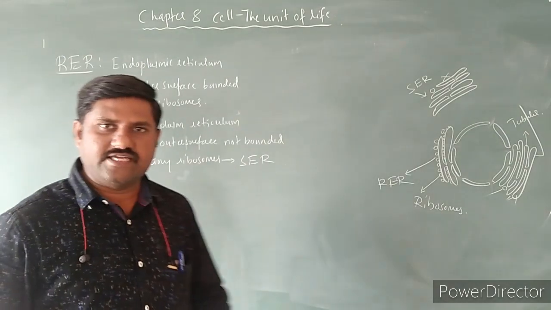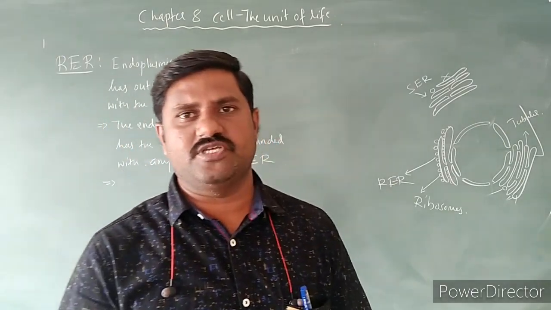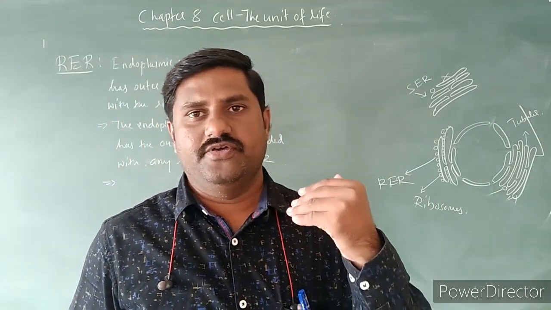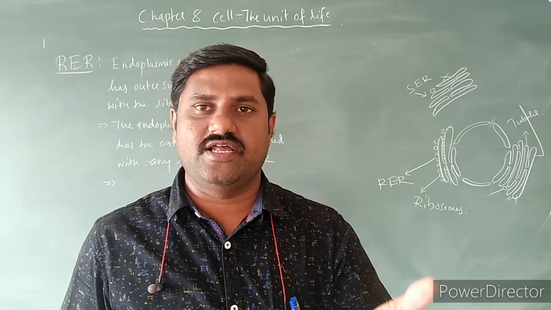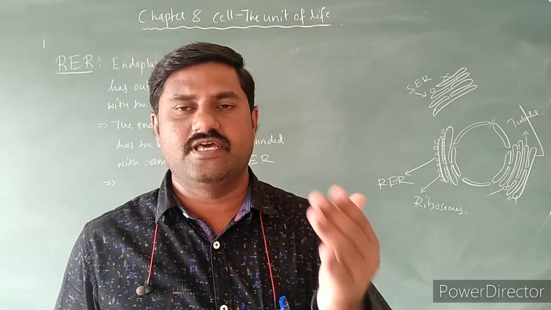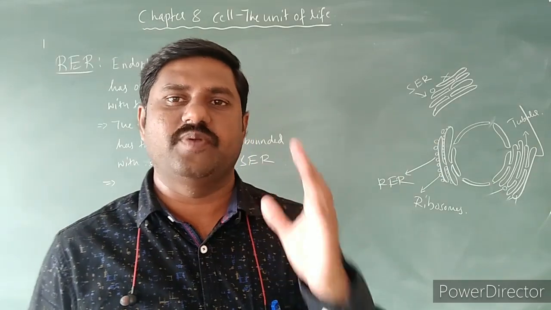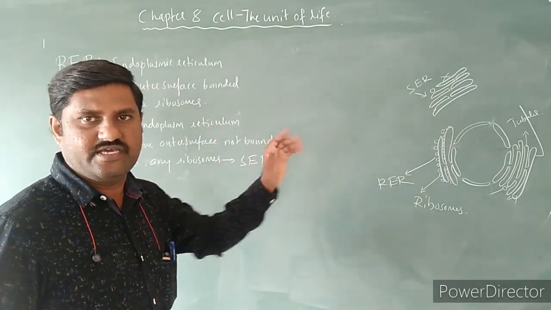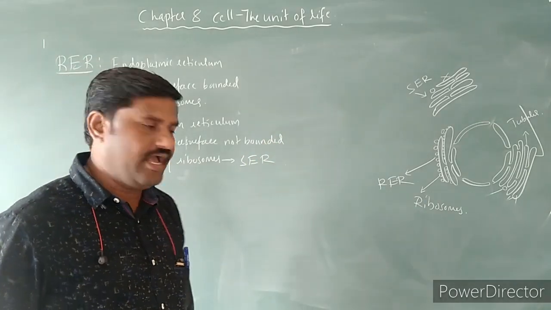So based on the attachment of ribosomes on the outer surface of the endoplasmic reticulum, if they are attached, it is called RER, rough endoplasmic reticulum. If not attached, then SER, that is smooth endoplasmic reticulum. There are two types of endoplasmic reticulum that we come across over here.